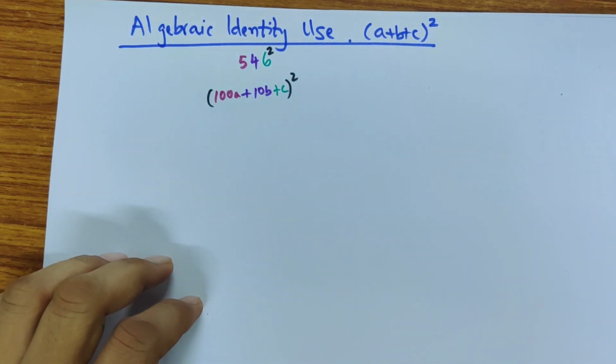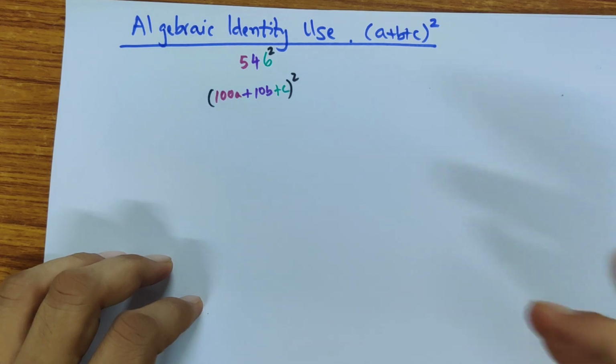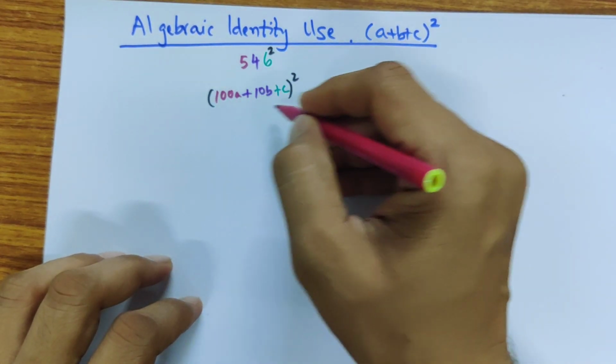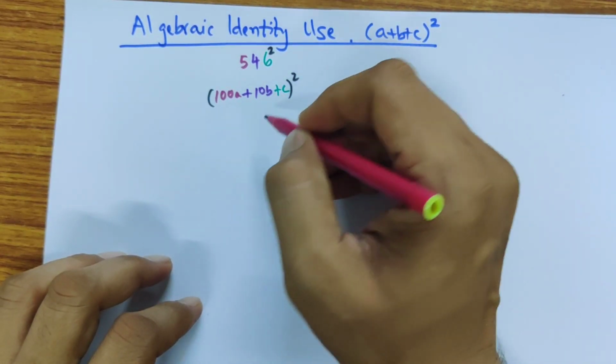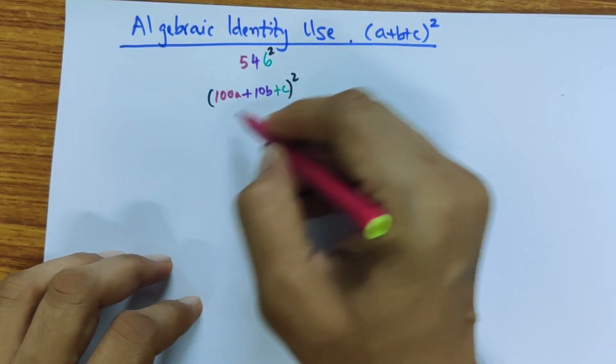And so essentially (a + b + c) whole square is a square plus b square plus c square plus 2 times ab, 2 times bc, 2 times ac. This is what I get. So I'm going to do the same thing using 100a, 10b and 1c. The first thing I of course get is the square of each of them.